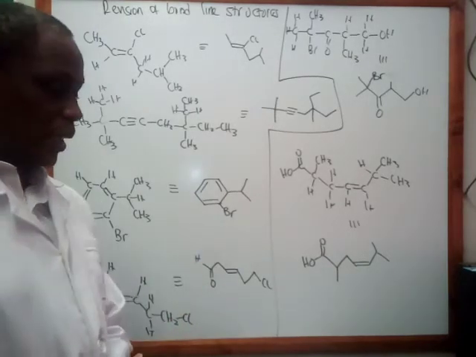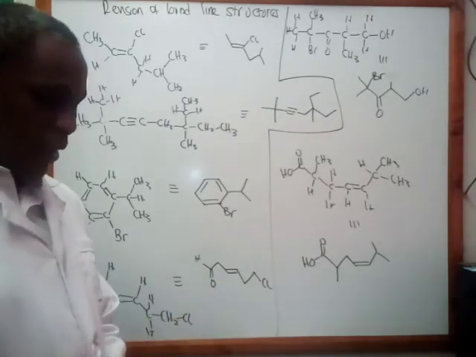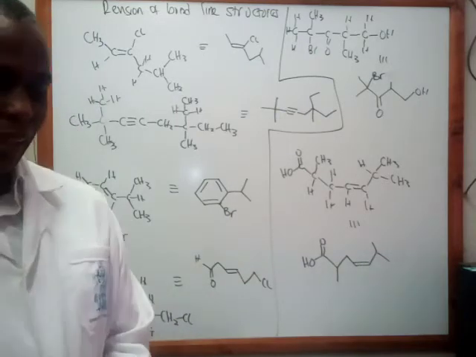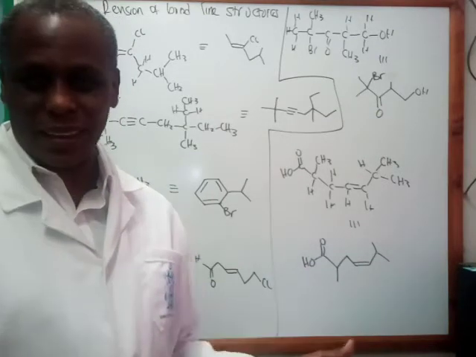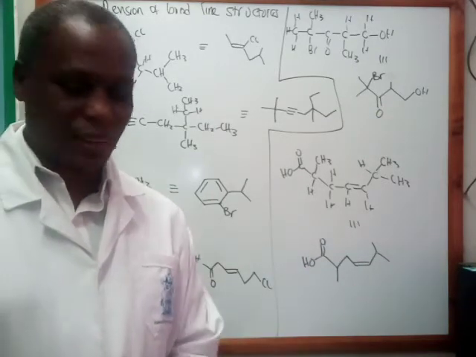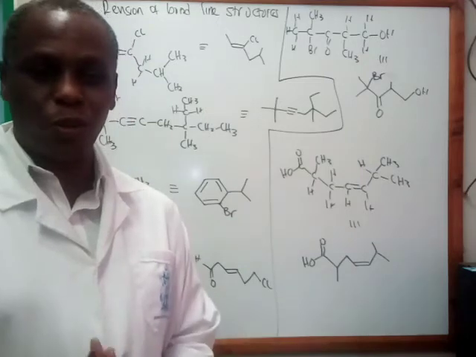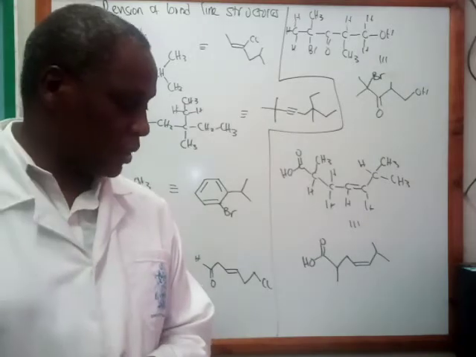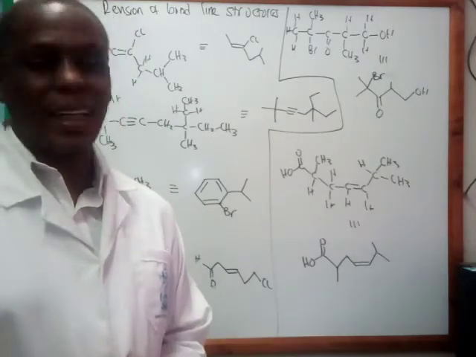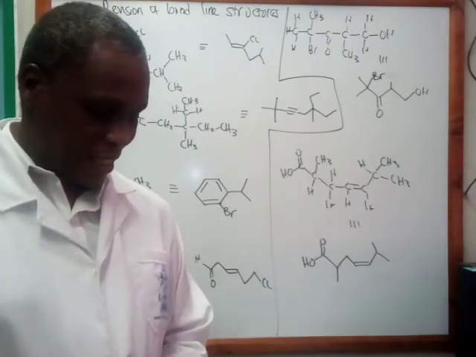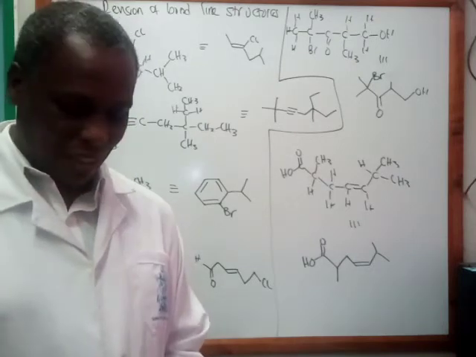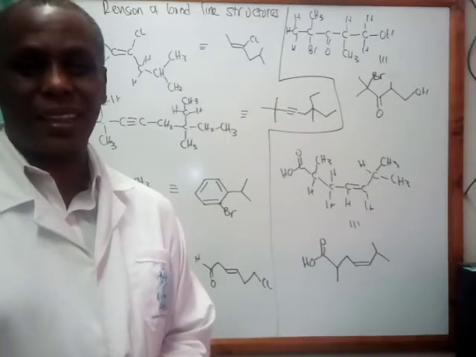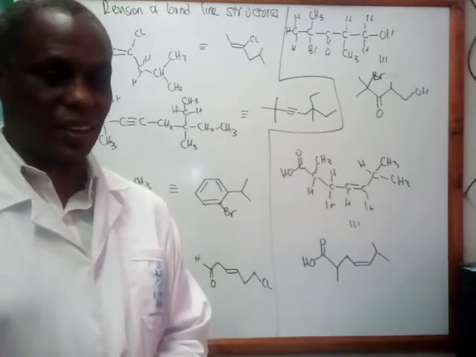We've looked at the nomenclature of the functional groups from alkenes, alkynes, benzene compounds, which are known by the common name of aromatic compounds, alkyl halides, alcohols, ethers, aldehydes, ketones, amines, and then lastly carboxylic acids.